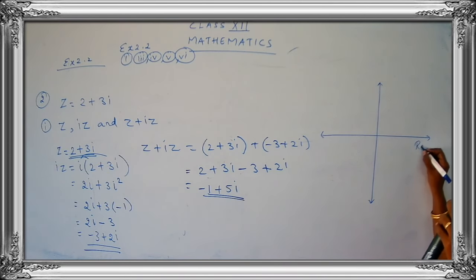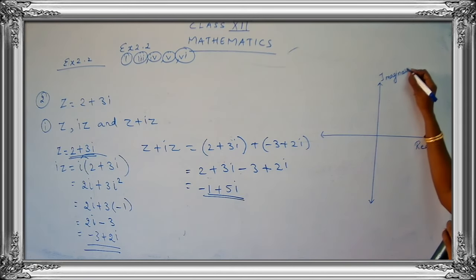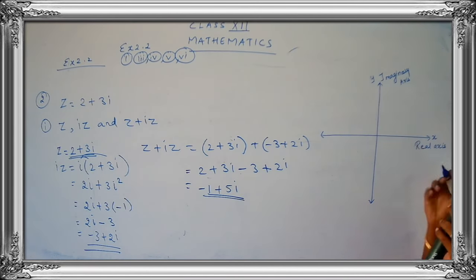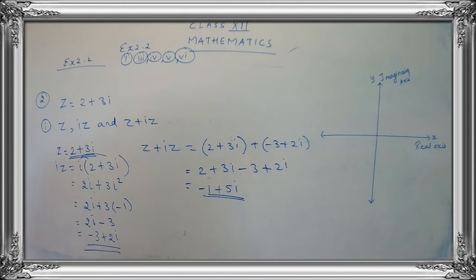So this is the real axis, and this is the imaginary axis. X stands for the real axis, and the y part stands for the imaginary axis. So just put the lines. Remember, the x-axis is the real axis and the y-axis is the imaginary axis.